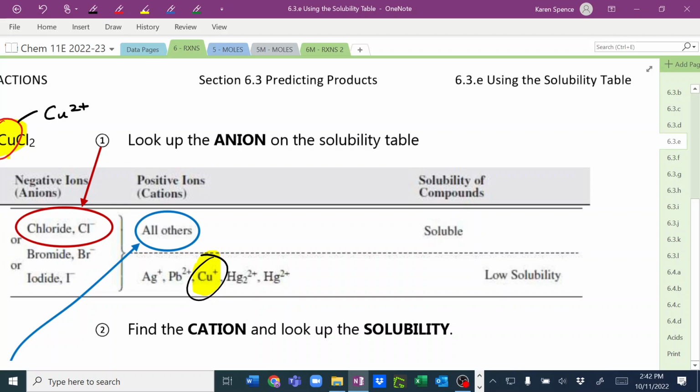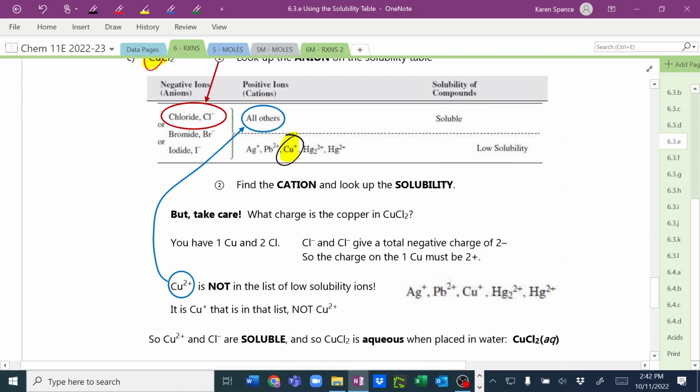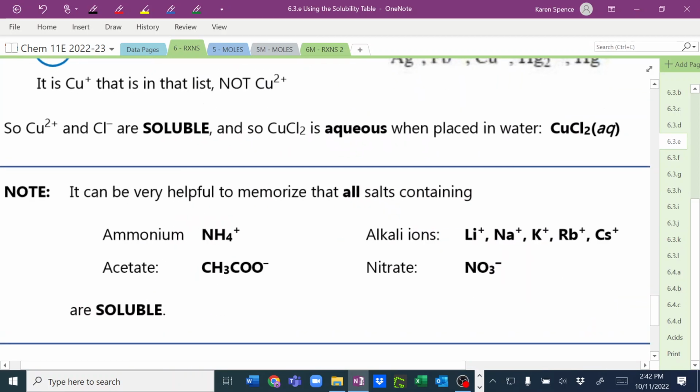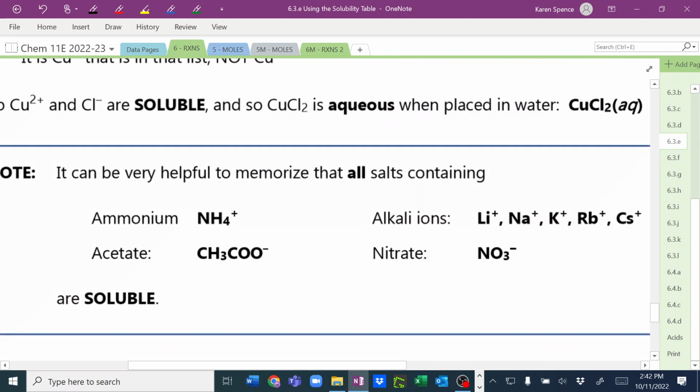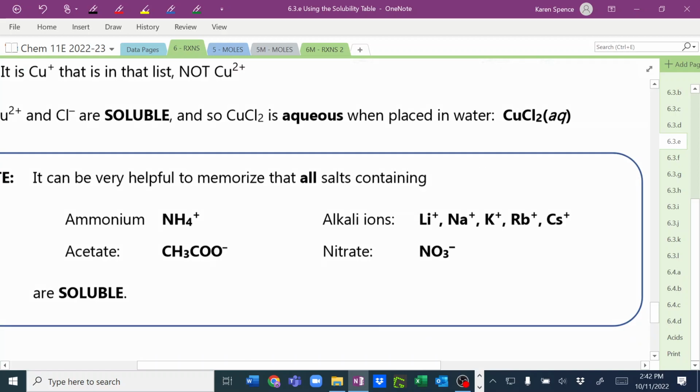But we will use this table because it is used in the regular grade 12 course. Okay, it's used in the regular grade 11 course. Okay, so that was copper. These are the 4 things that you should memorize, especially if you're in AP.